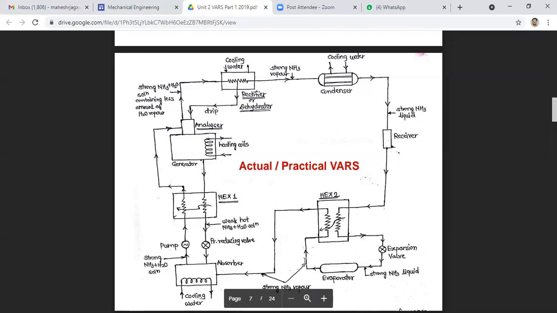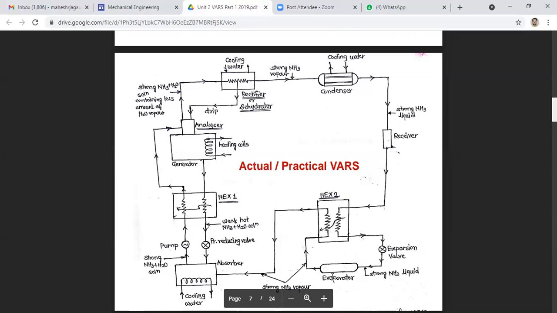So it helps reduce the temperature of liquid ammonia approaching the expansion valve, so that an increased refrigerating effect will be observed in the evaporator. So the COP of the system is definitely increasing. So the net refrigerating effect of the system is also increasing.